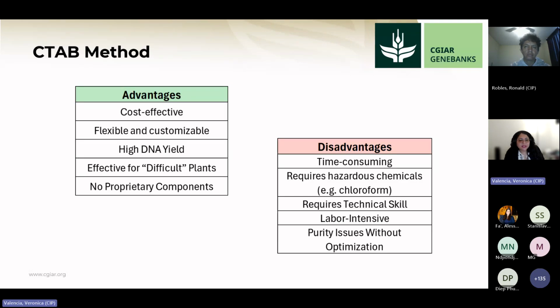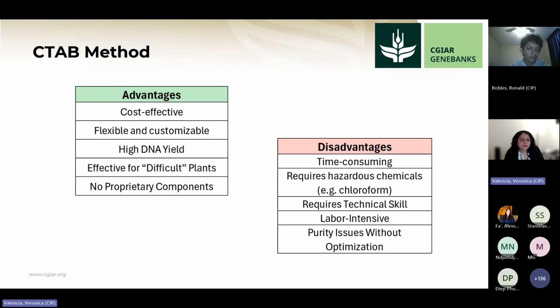The other advantage is that it's very flexible and customizable. Because you can adjust almost any step of the CTAB method, you can customize it to the plant you are working with. The other thing is that it produces a high DNA yield in comparison with commercial kits.